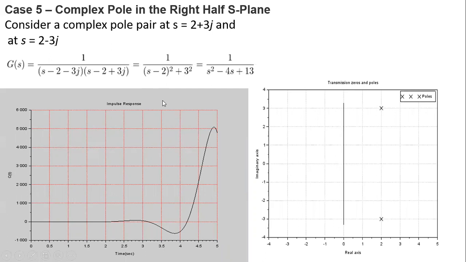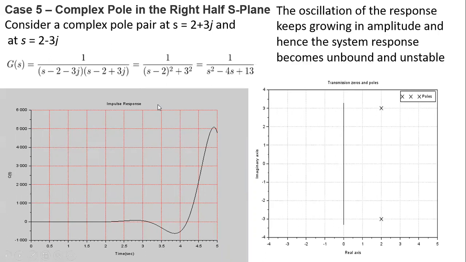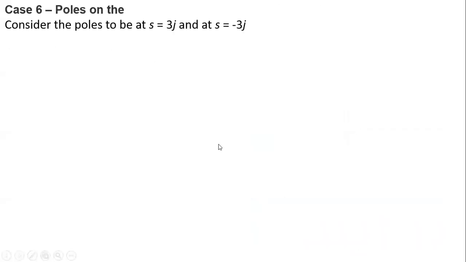Now, as seen, the oscillation of the response keeps growing in amplitude, and hence the system response becomes unbounded and unstable for the impulse response. Since the poles are also on the right side of the S-plane, we call it an unstable system.